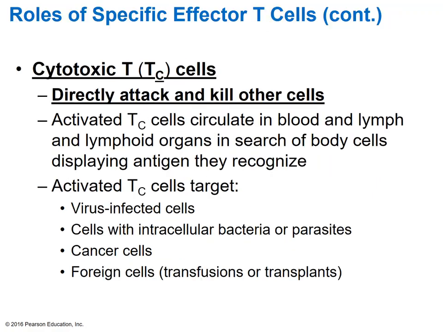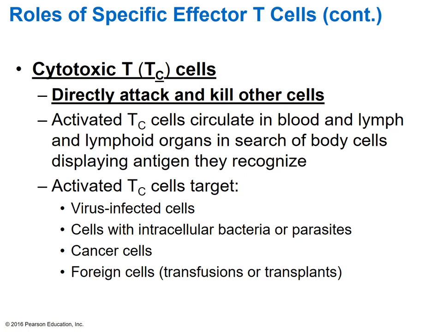And that's the cytotoxic T cells. They're going to be derived from the CD8 cells, where there is activation from the helper T cells. These are, as the name implies, cytotoxic. These are going to directly attack and kill other cells. So once they have been activated, they're going to circulate in the blood and the lymph.